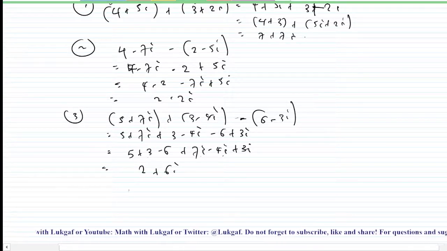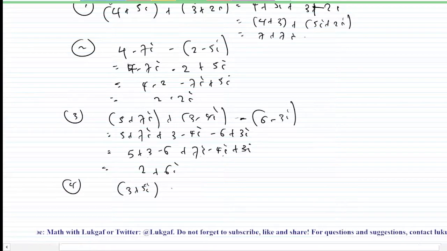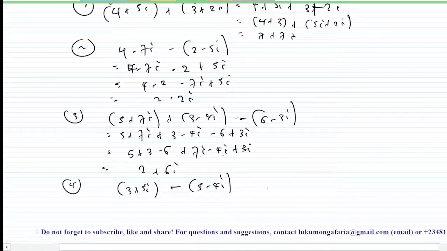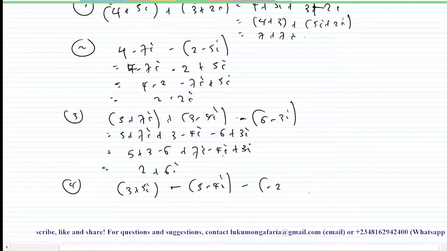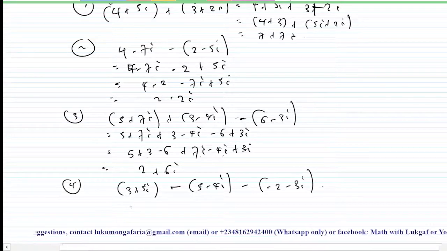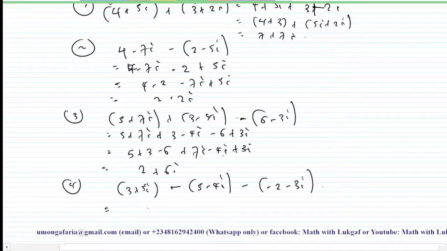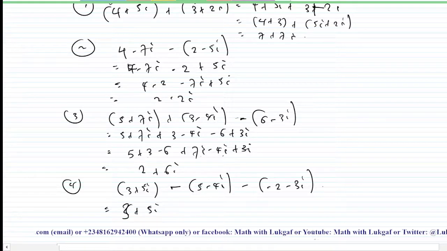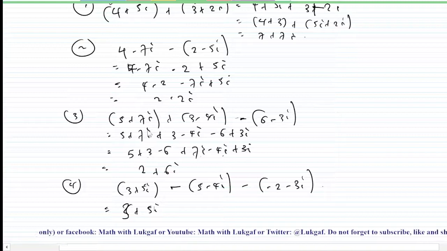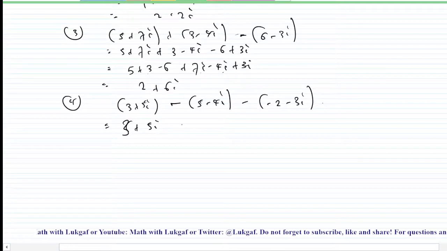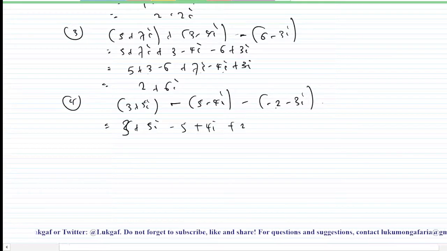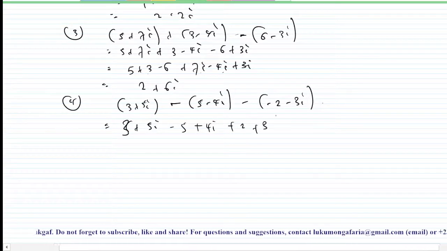And lastly, I have 3 plus 5i minus 5 minus 4i minus, into minus 2 minus 3i. Following the same approach, if you open the bracket, I get 3 plus 5i, minus 5 plus 4i, and minus times minus, that's plus 2 plus 3i.